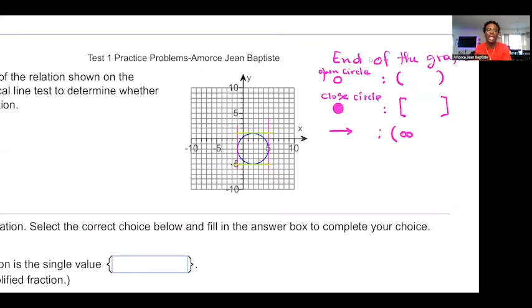And the last thing that I want to say is that if there's no sign on a graph, where you can't see an open or a closed circle or any arrow, consider it as a closed circle. Consider all unseen side signs as closed circle.